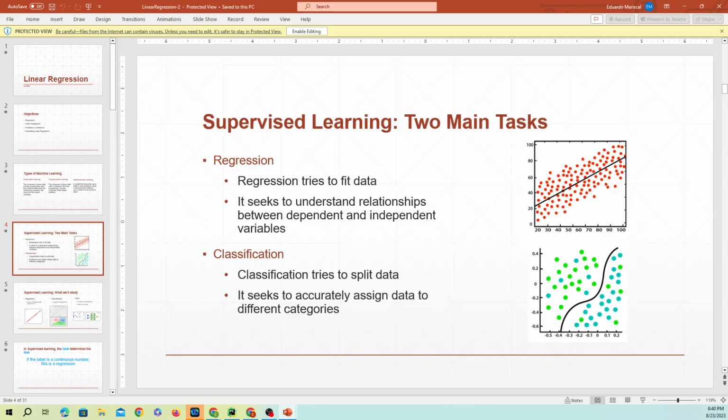The actual prediction is not continuous; you already know what type of item it would be. So when it's not continuous, it's going to be a classification. That's practically how you want to see it: regression would be continuous, classification would be non-continuous.